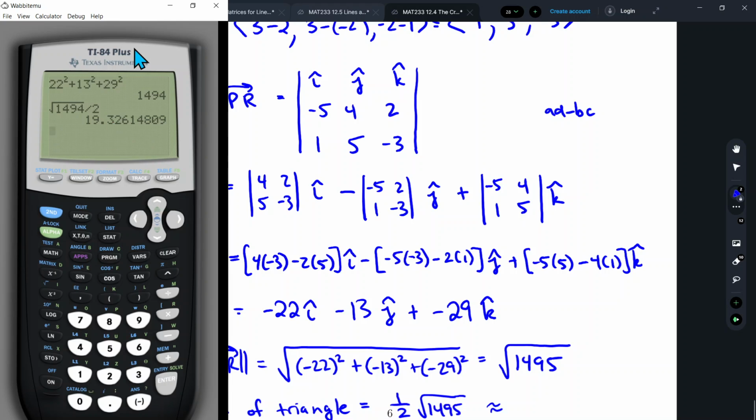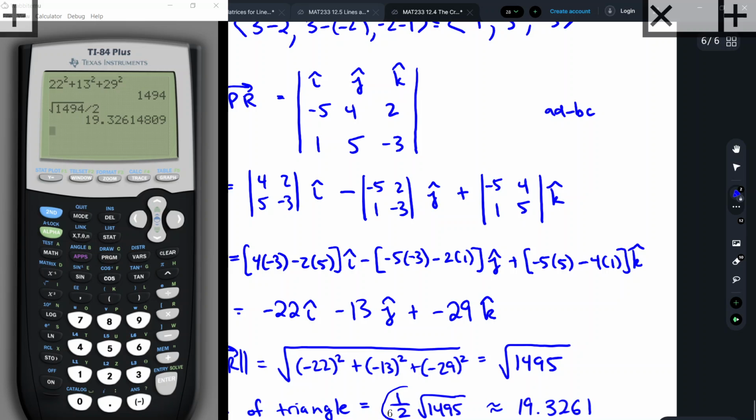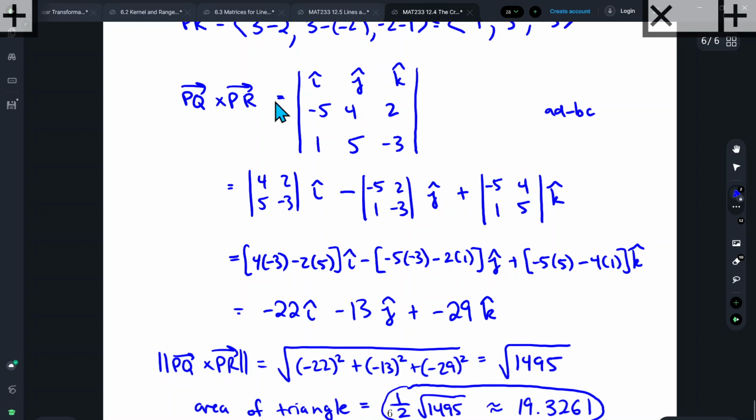It's approximately equal to 19.333261. Okay, so that's the area of the triangle.